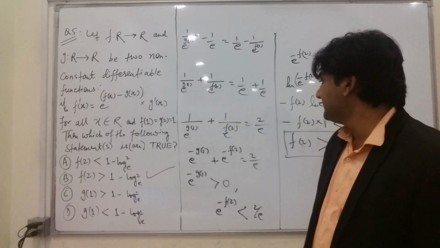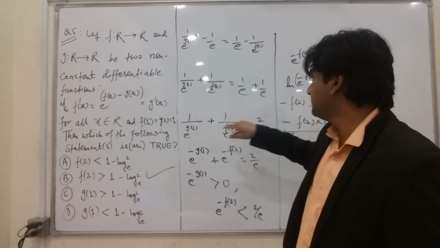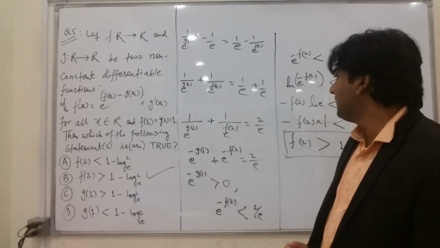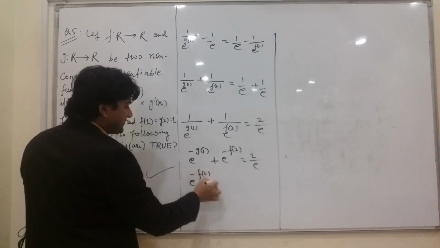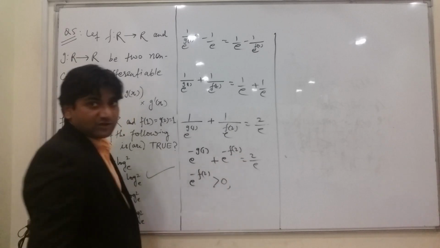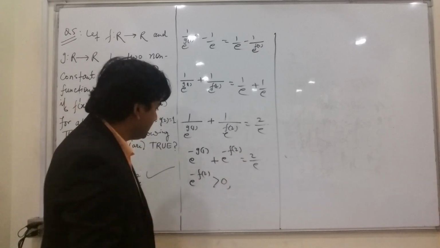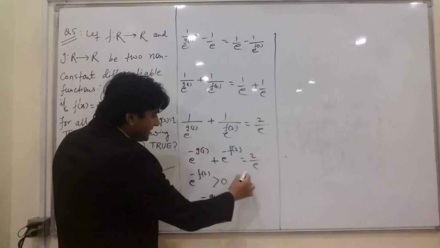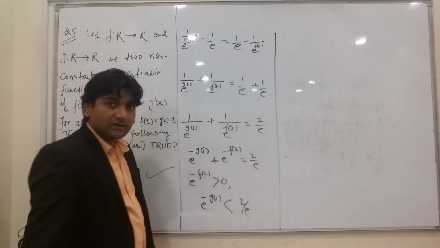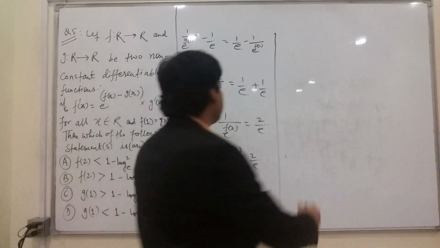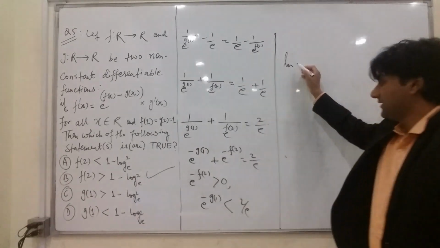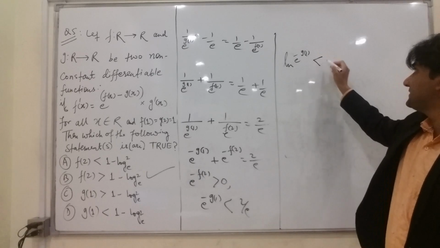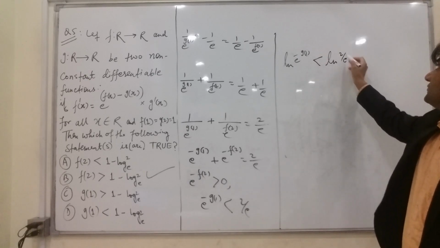Similarly, we need to find g of 1 also. Okay. So g of 1, e raised to minus f of 2 is positive. Of course, this is also an exponential function, so it will be positive. Then e raised to minus g1 is less than 2 over e. Now apply ln on both sides. Same concept. ln e raised to minus g1 less than ln 2 over e.